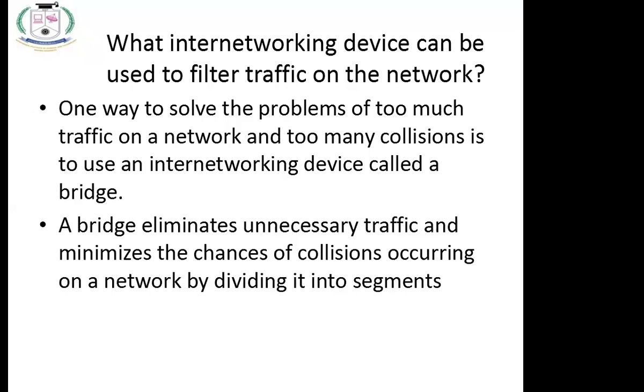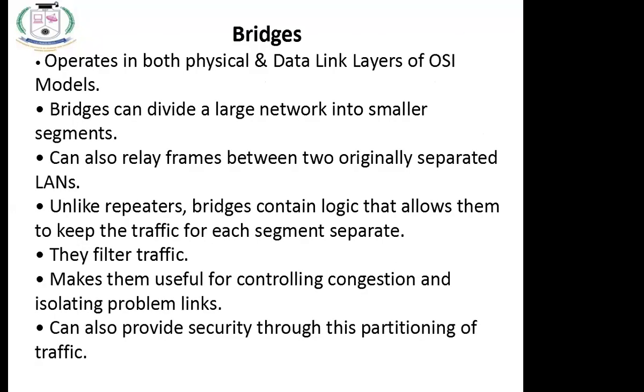This bridge is capable of transferring the frame from the source to the destination without sending it to all the devices connected to it. It just identifies the destination and sends the frame only to the destination address.